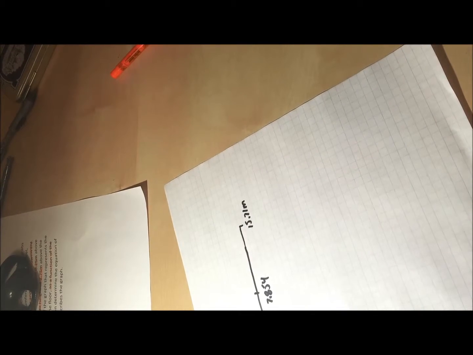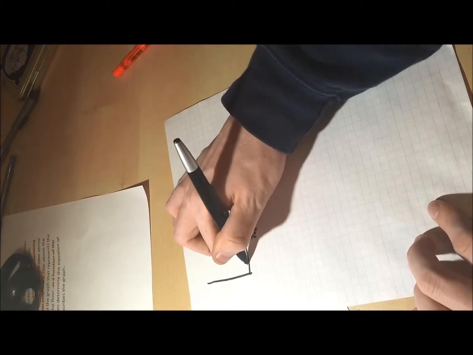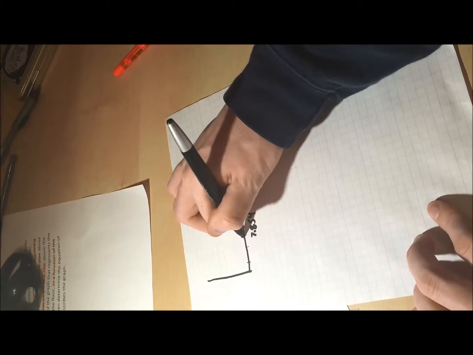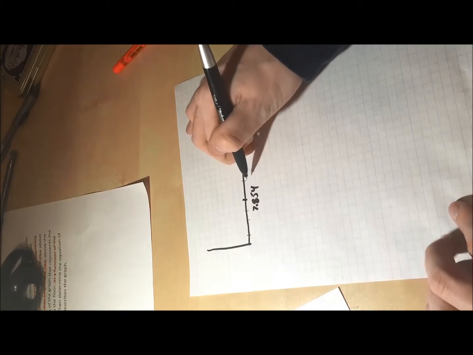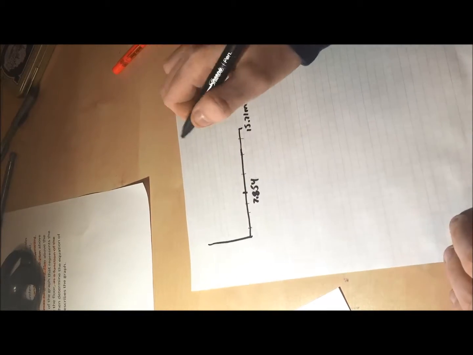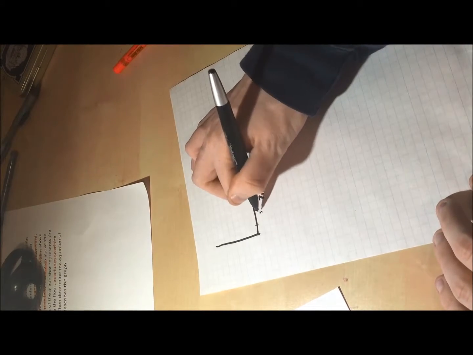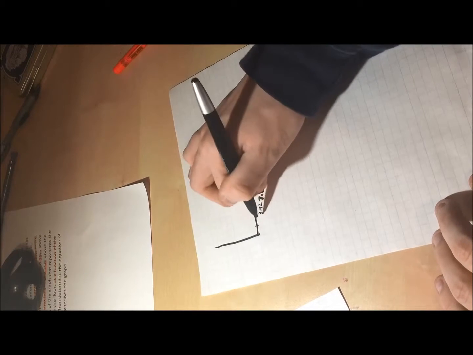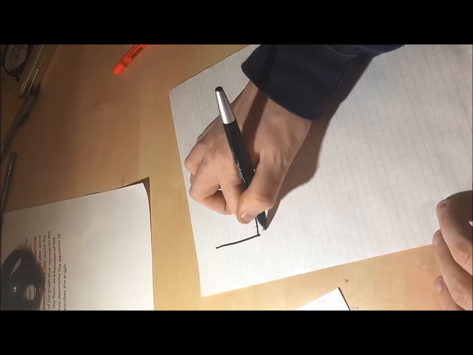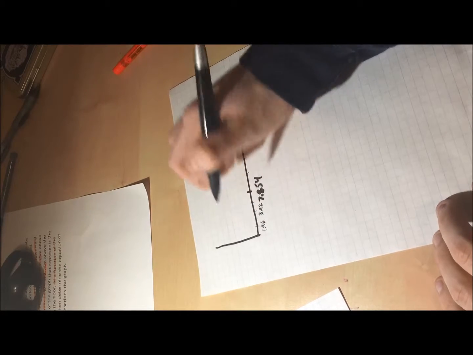Now, using a different pen here, we must put in some more points. 7.854 divided by 2 is 3.92. And then half of that is 1.96.